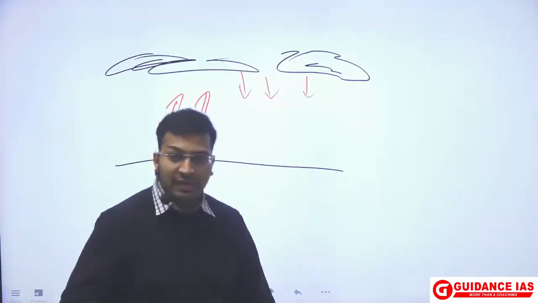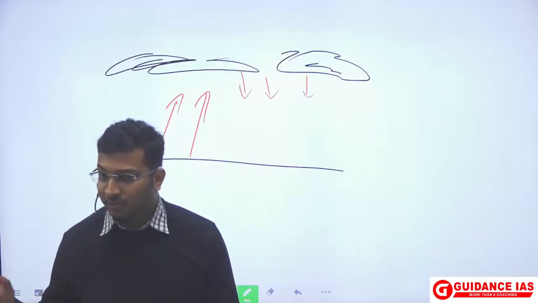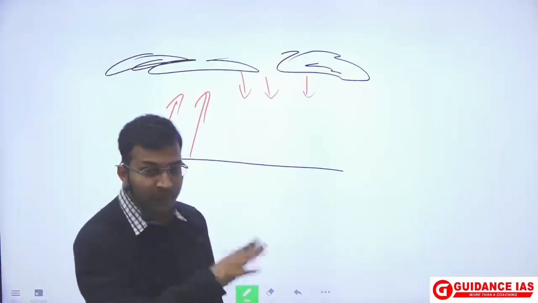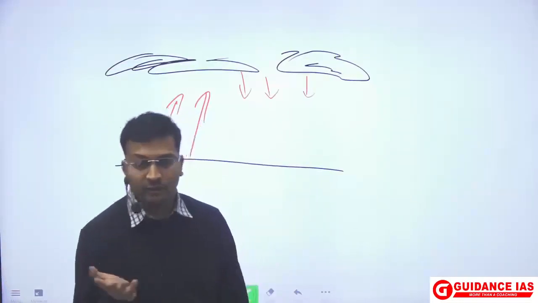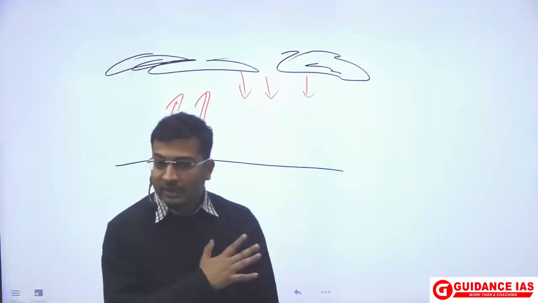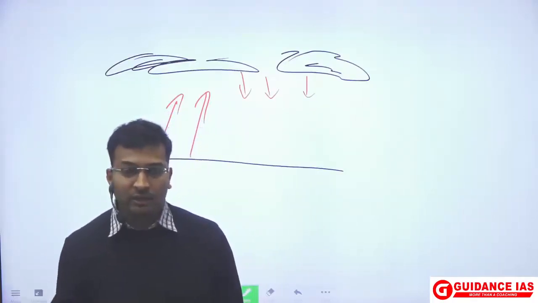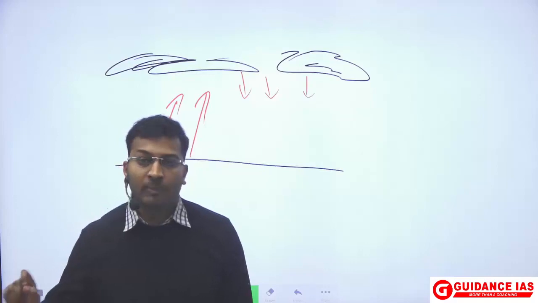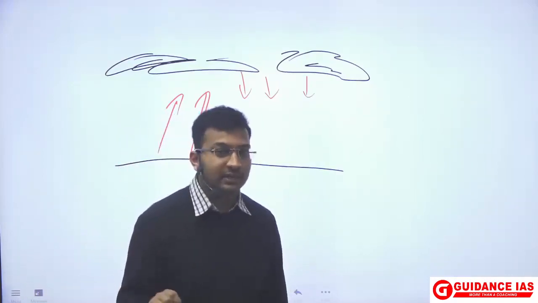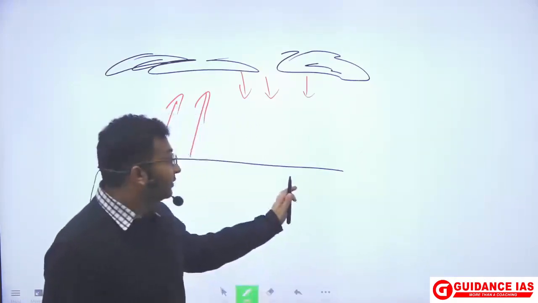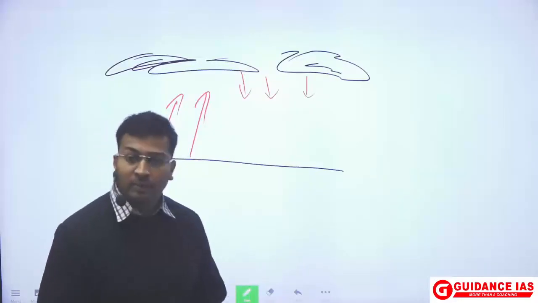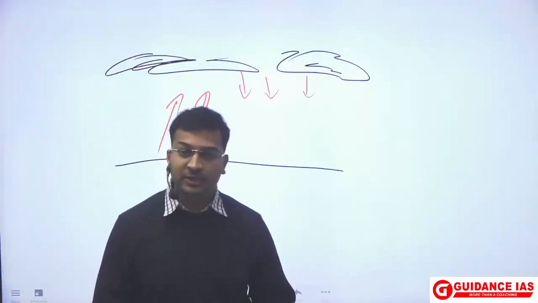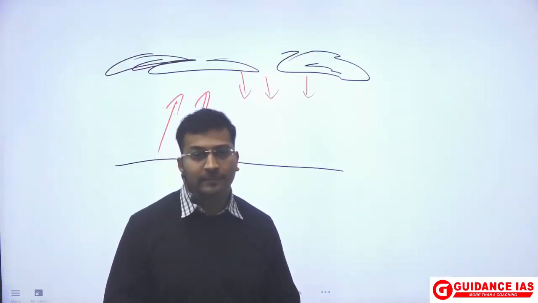As soon as the clouds move away, after pouring down rainfall, there is suddenly a drop in temperature again along the earth's surface, and the phenomenon of temperature inversion will be observed again.